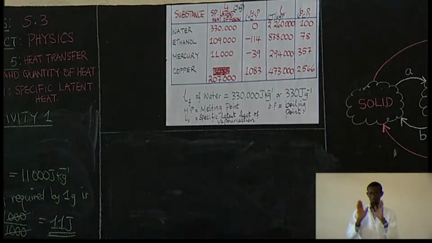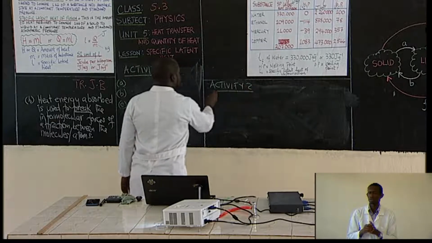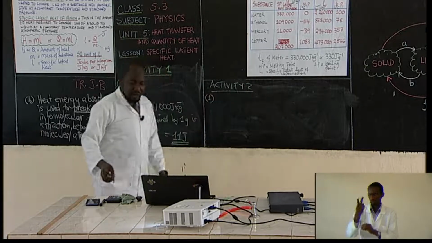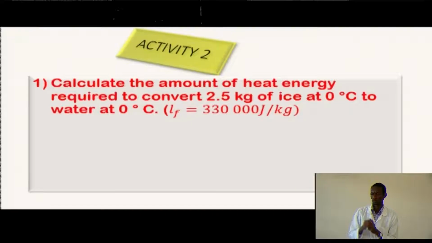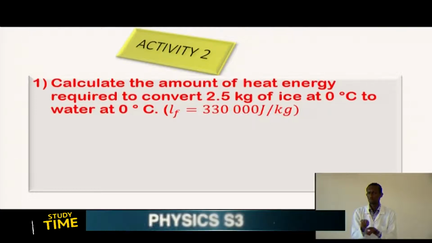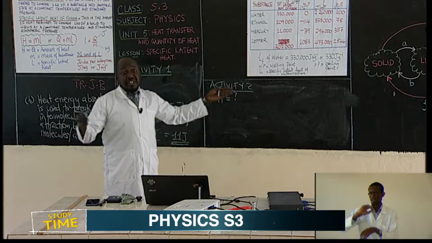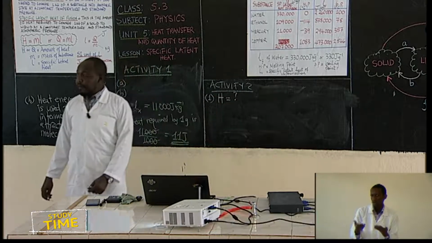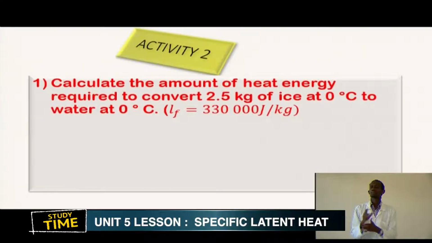So when you go back to this, let's look at what is being asked. This is our activity number 2. Question number 1: calculate the amount of heat. The amount of heat, we represent it using letter H or letter Q. I'm deciding to use H, but you can use Q. Required to convert 2.5 kilograms.